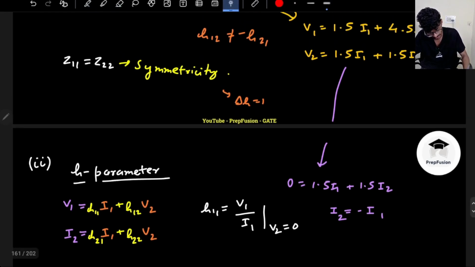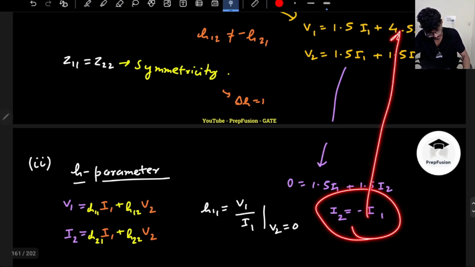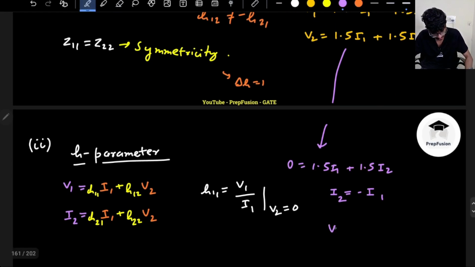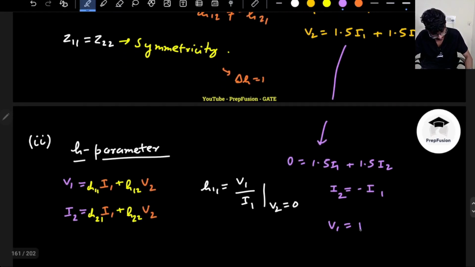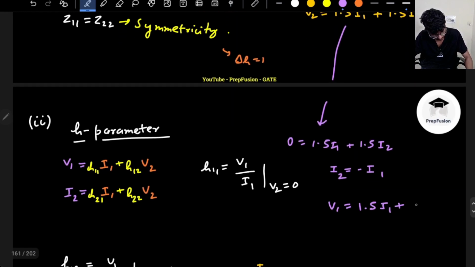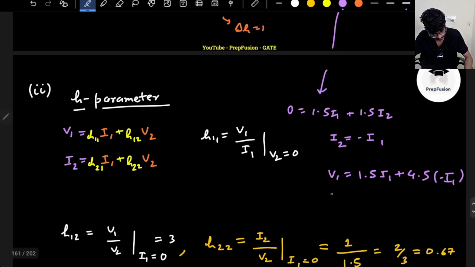So I will replace this I2 here. My first equation V1 will be 1.5 I1 plus 4.5 into minus I1. So V1 will be equal to minus 3 I1.